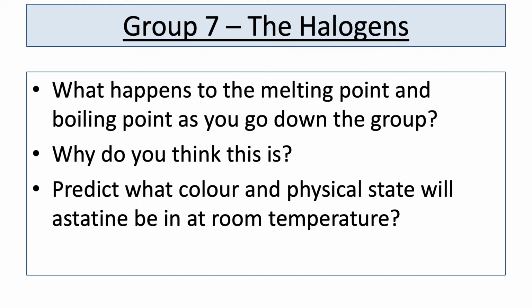So iodine being a blue-black solid probably means that astatine will be dark grey or even black in terms of its colour at room temperature. The boiling point and melting point increases as you go down the group because the extent of the intermolecular forces increases as you go down the group with more electrons at play.